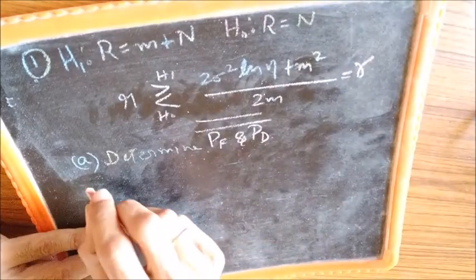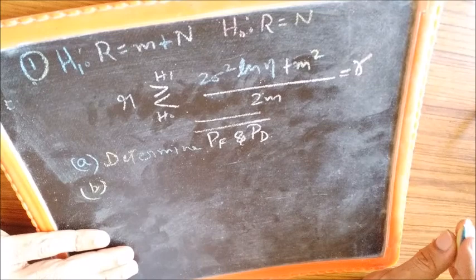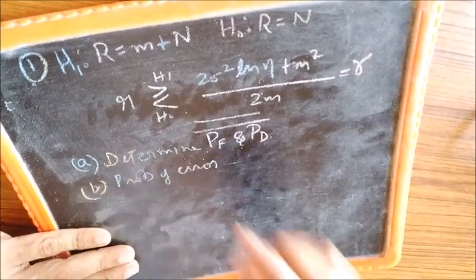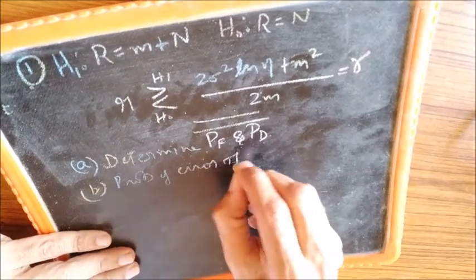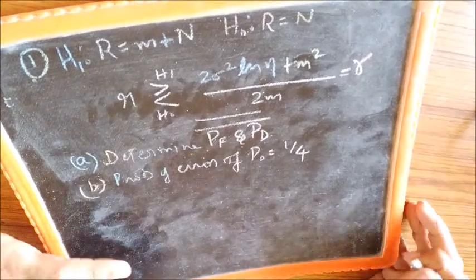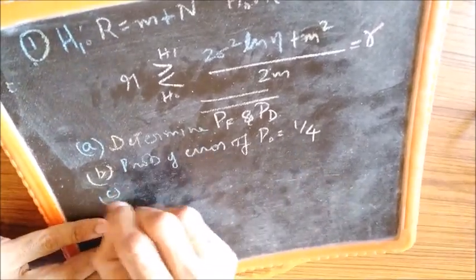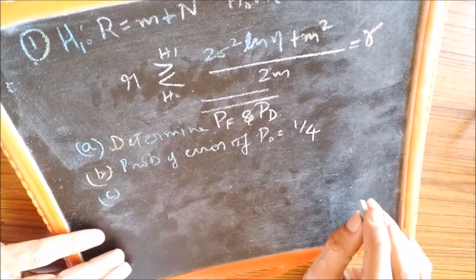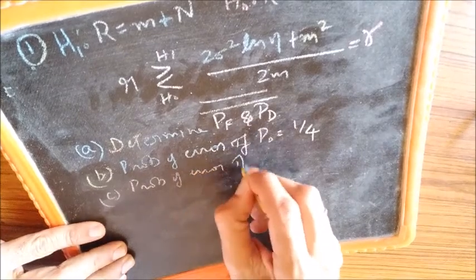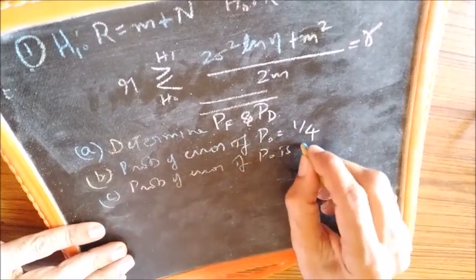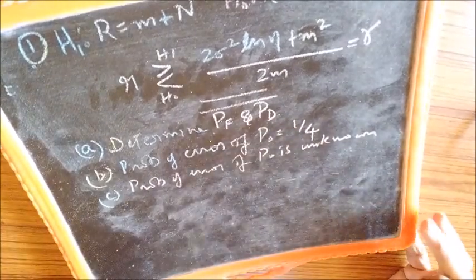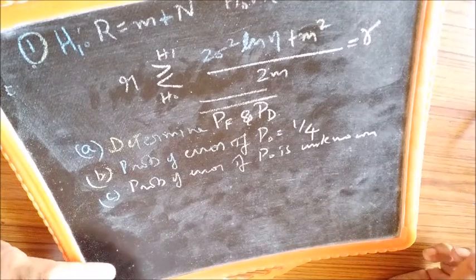B, we have to find the probability of error if P0 is 1 by 4. And C, we have to find the probability of error if P0 is unknown. So P0 is not known. What will be the probability of error when P0 is unknown?